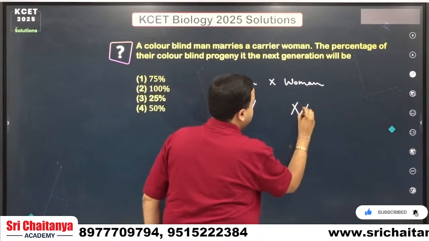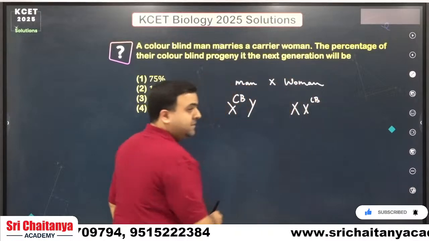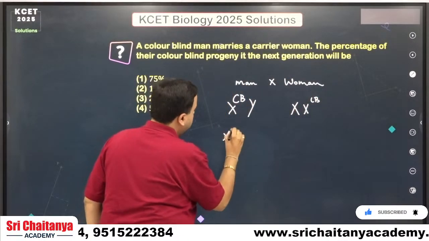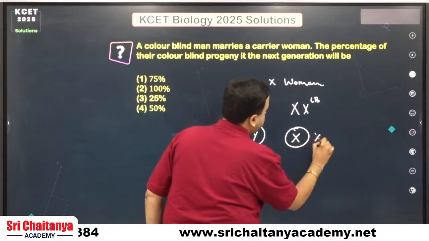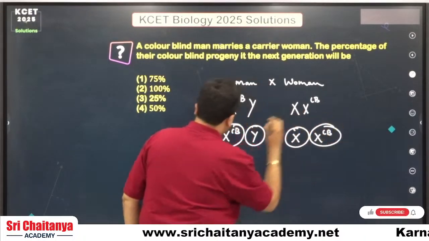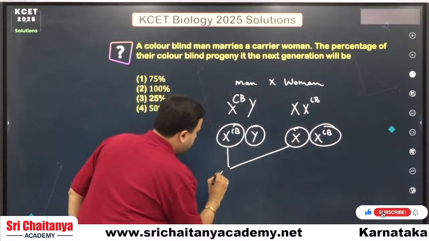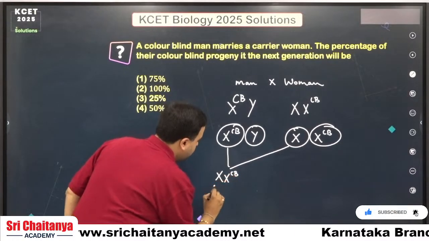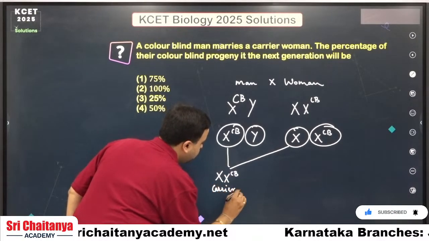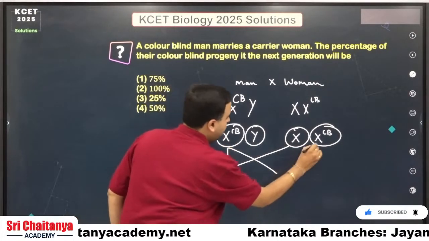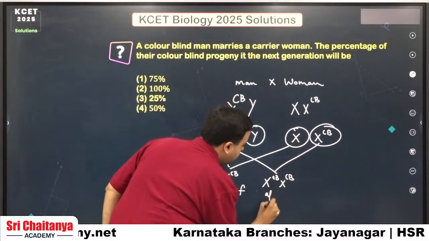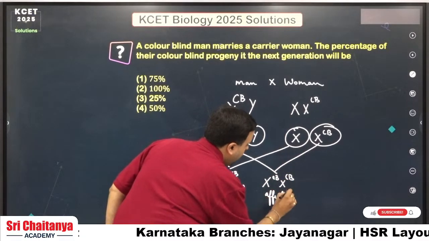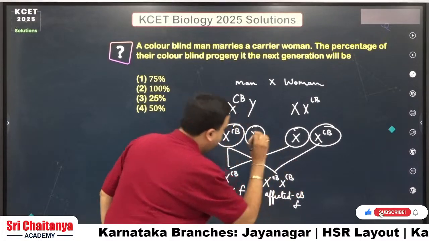So in this case, these are the gametes. Now we are going to get XX CB. This is a carrier female. This is an affected or color blind female.